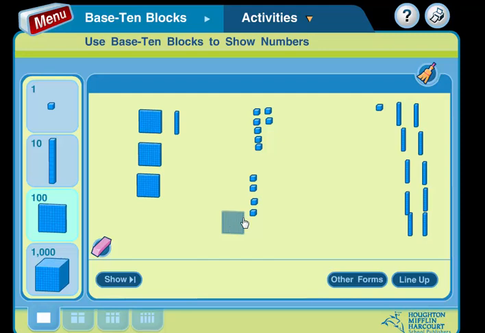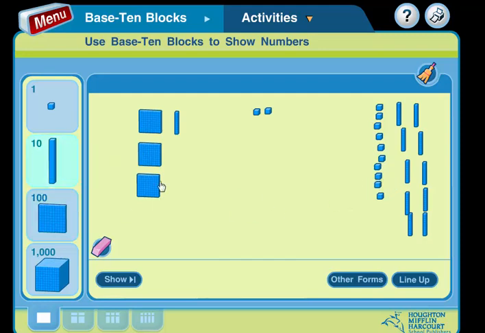So let's do 1, 2, 3, 4, 5, 6, 7, 8, 9, 10.